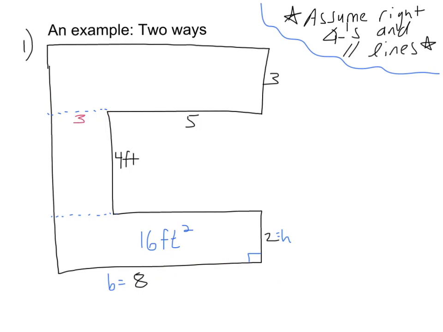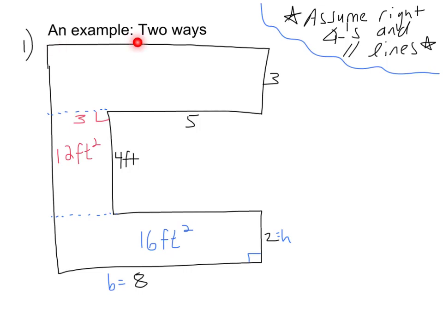Arguments like that are crucial. And then, since we can assume right angles in this problem, we have a rectangle with a base of 3, and perpendicular to that, its height is 4. Keep in mind, I could say its base is 4 and its height is 3. It doesn't matter which way you slice it, just as long as they're perpendicular. So here we have 12 square feet in addition.